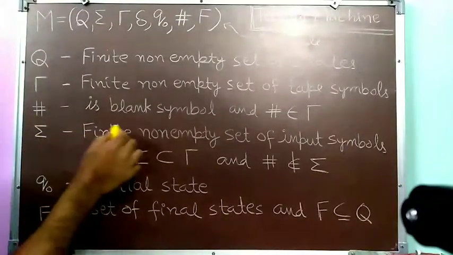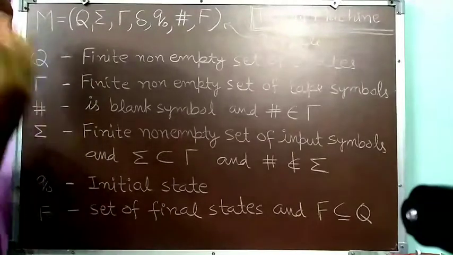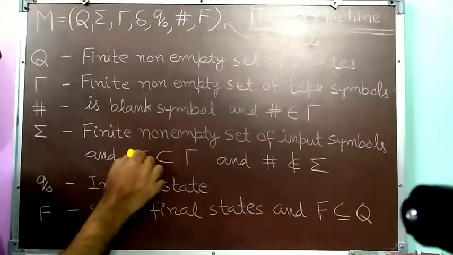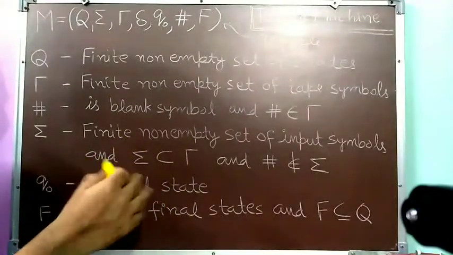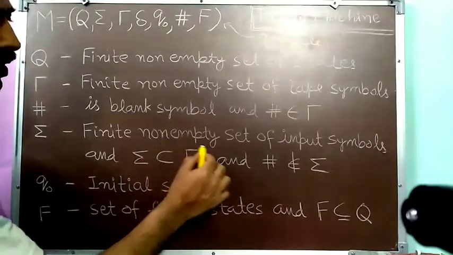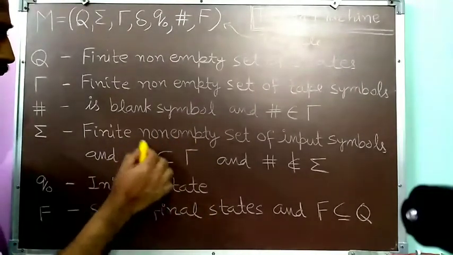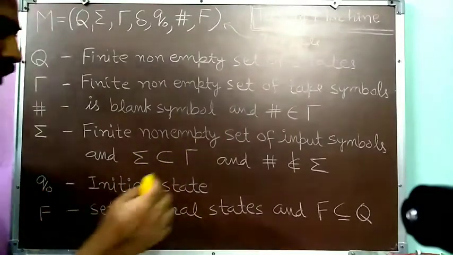Then Σ, it is a finite non-empty set of input symbols, as in the case of FA and PDA. And this Σ will be a subset of τ because all input symbols we can store over the tape as well. So all the symbols which are the input symbols will also be the tape symbols.